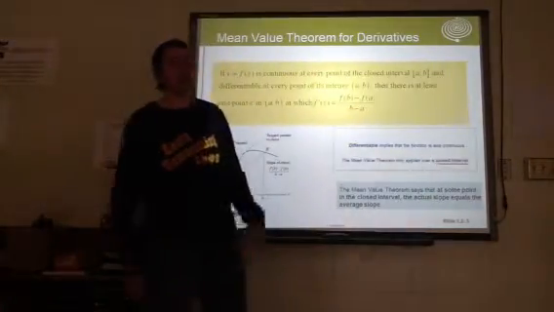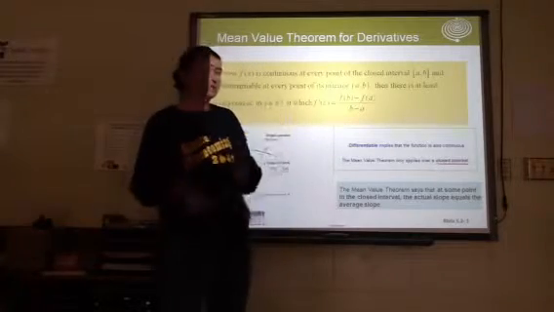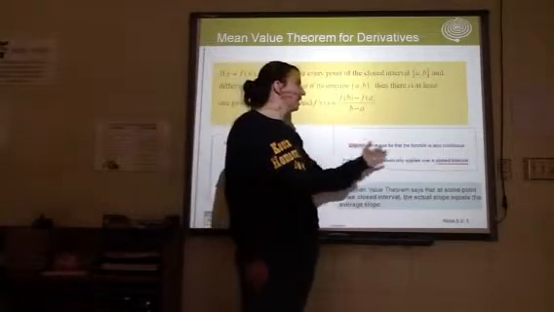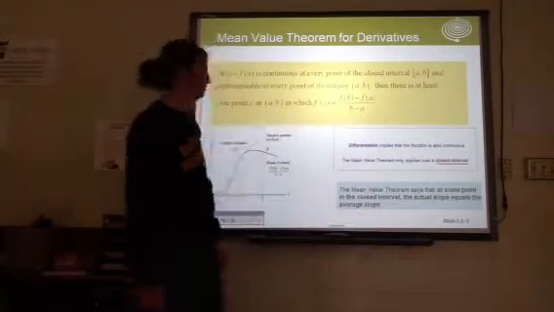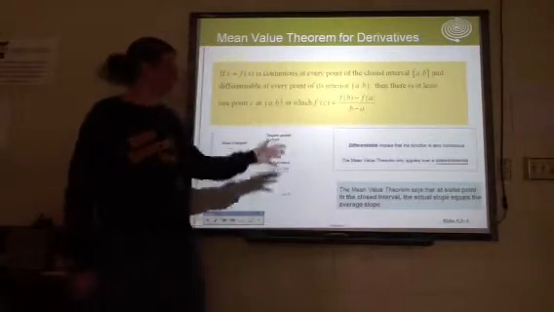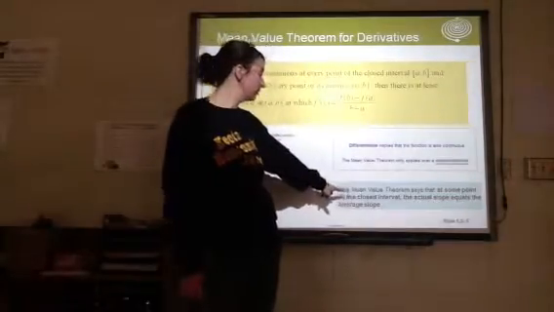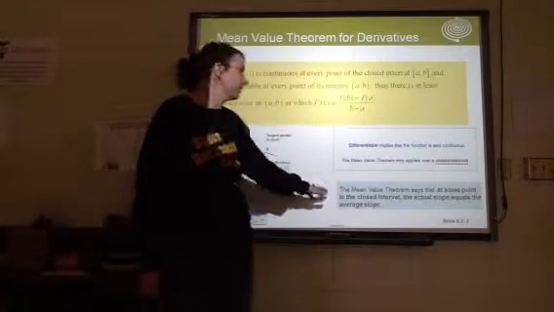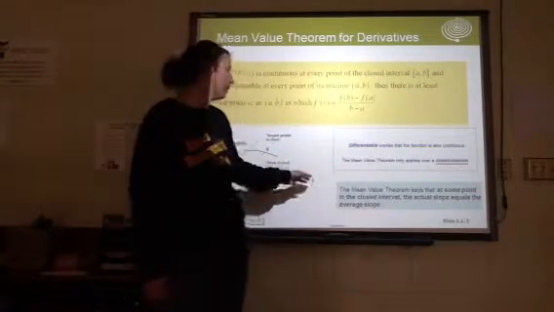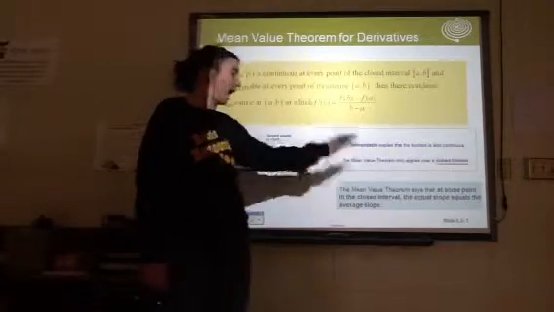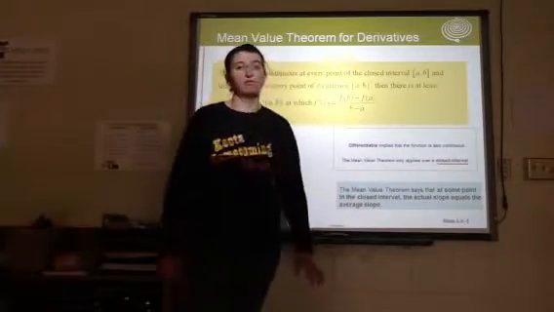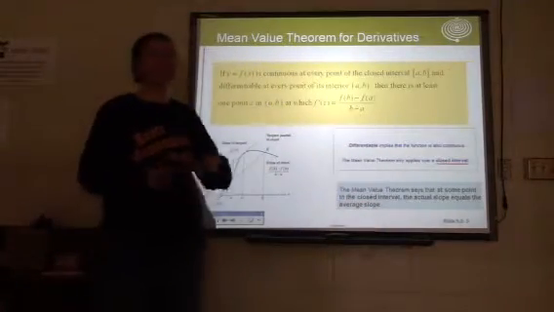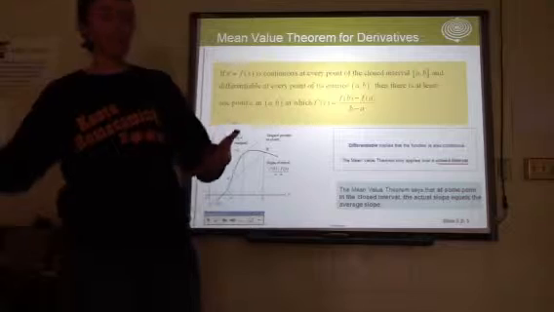So if you say it's a closed interval and it's differentiable, then it's meeting all the requirements of the mean value theorem. Another thing that I'll make special note of, the mean value theorem says that at some point in the closed interval, the actual slope equals the average slope. So what that is telling us is that at some point it's going to be there.